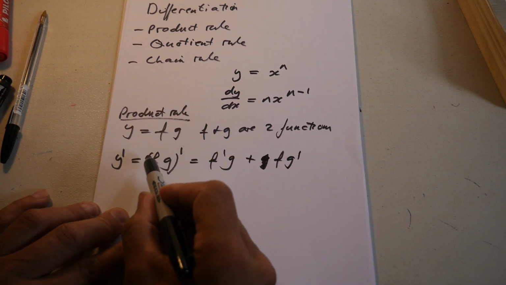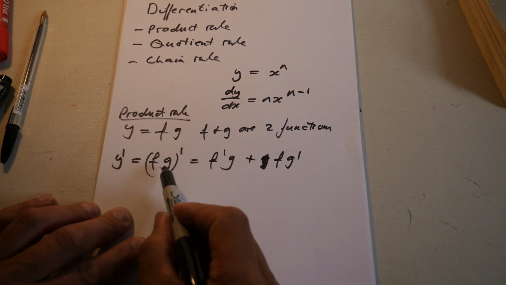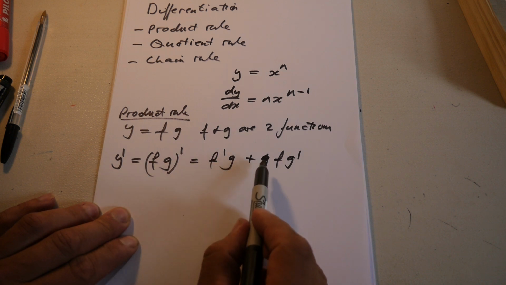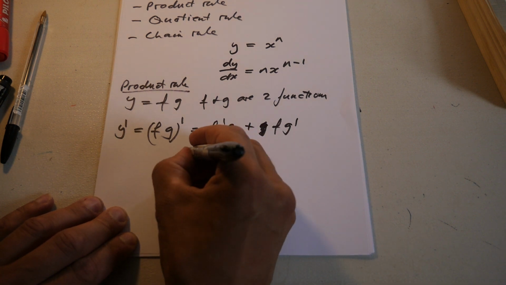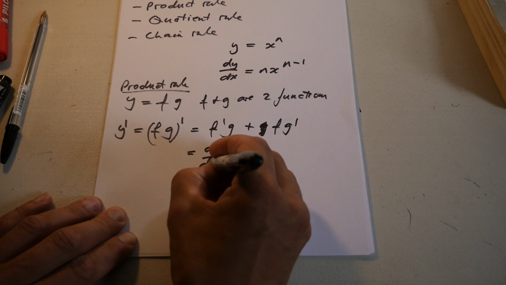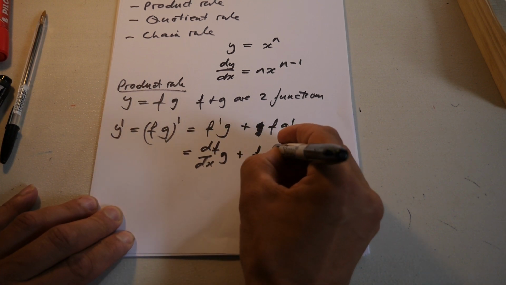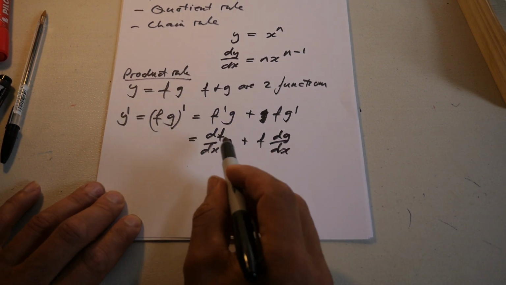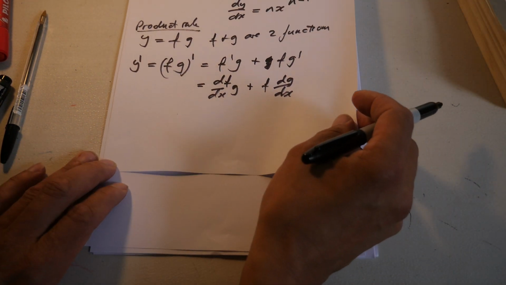So you differentiate f, multiply it with g, and then you add on f times the derivative of g. So that's the derivative of f times g plus f times the derivative of g. You could also write that as df by dx times g plus f times dg by dx. There are lots of different kinds of notation, but they all mean the same thing.